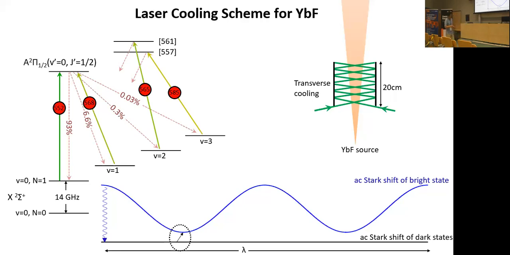This Larmor precession is most likely to happen when these two states are close to each other. Also, the molecule tends to scatter more photons when the intensity is highest, which is where the AC Stark shift is biggest. So the molecule tends to scatter photons at the top and can come back to the bright state at the bottom of the potential hill. If the molecule is traveling in this laser field, it scatters a photon here and comes back to the dark state, and this process goes on, and the molecule loses kinetic energy.